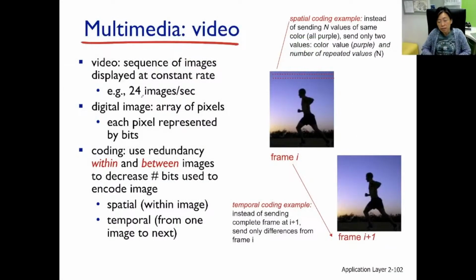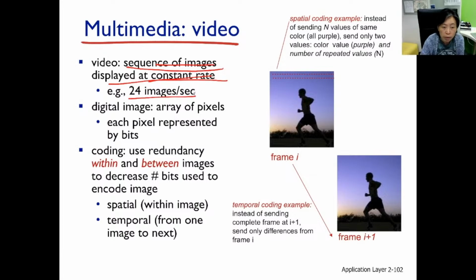Now let's talk about video a little bit more. This is the content we are distributing. Originally, it was an analog signal. It's a sequence of images that we are displaying, and the display is at a constant rate. That means at every time unit, you take a snapshot of what it looks like right now. So therefore, at a constant rate, a sequence of these images.